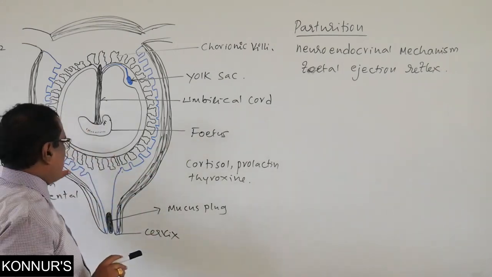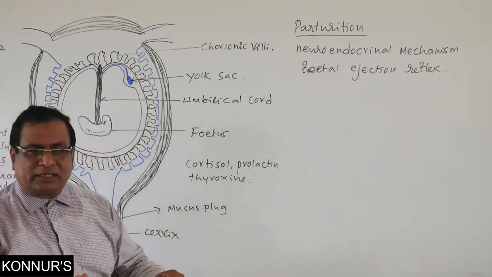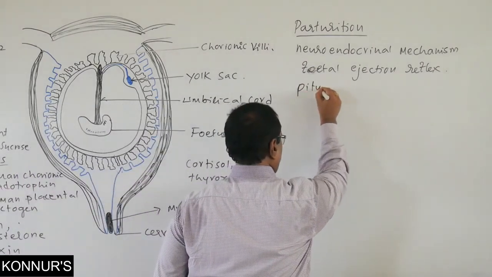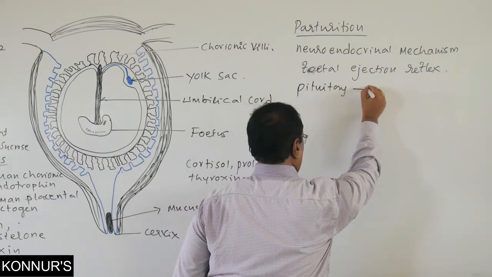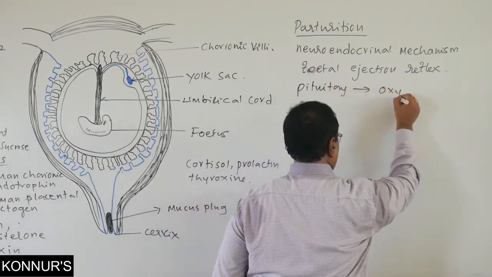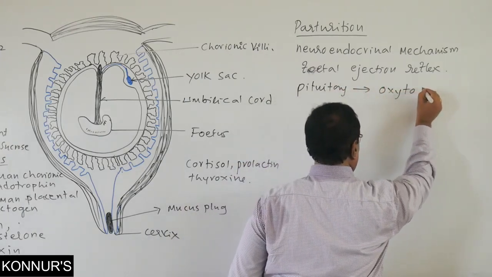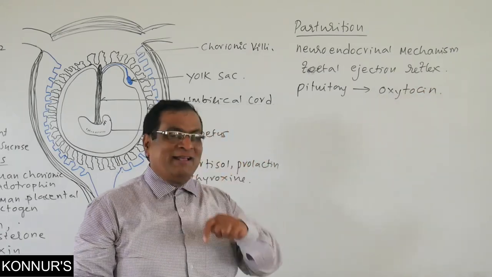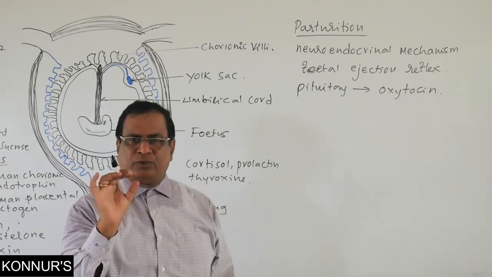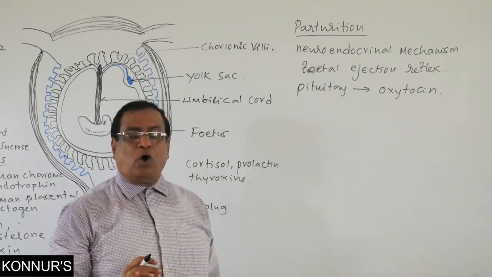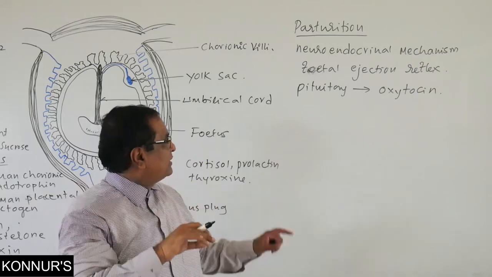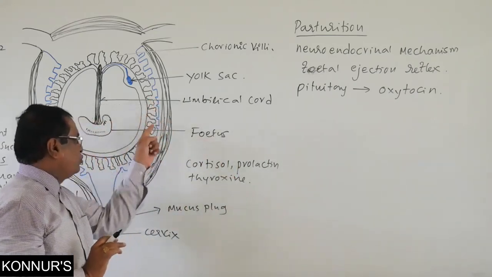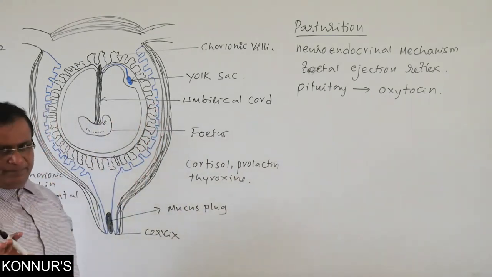Due to uterine contraction, this stimulates the pituitary to produce oxytocin. The neurohypophysis part of the pituitary produces oxytocin only when uterine contraction is started.